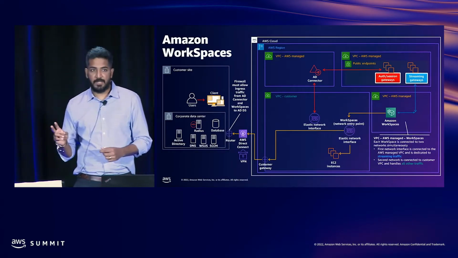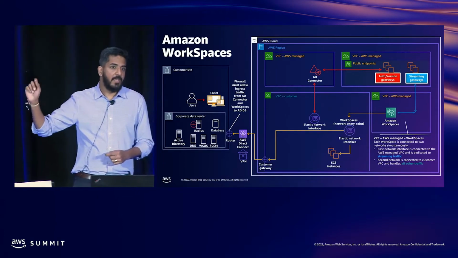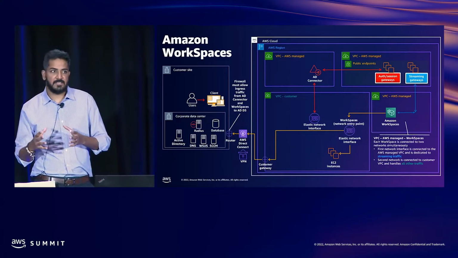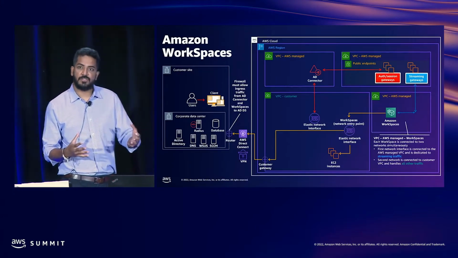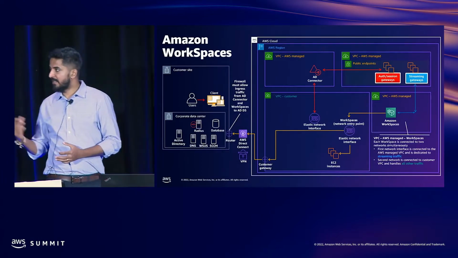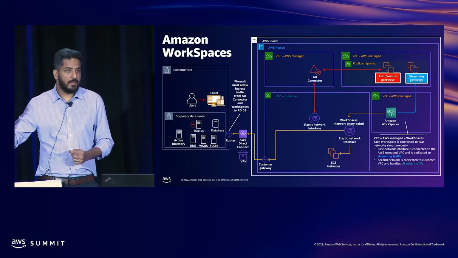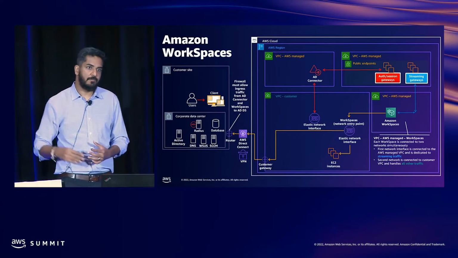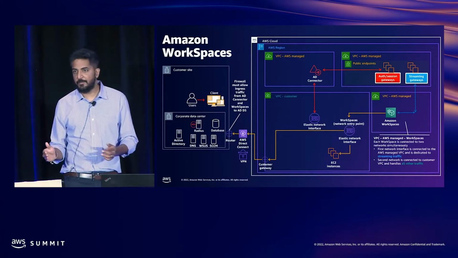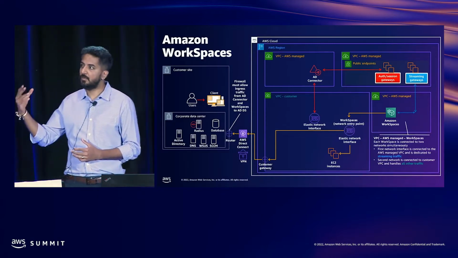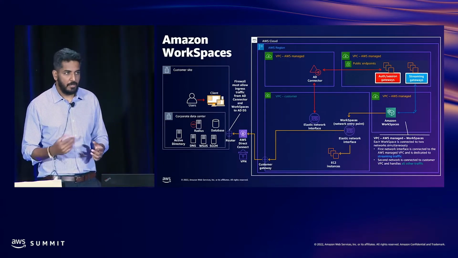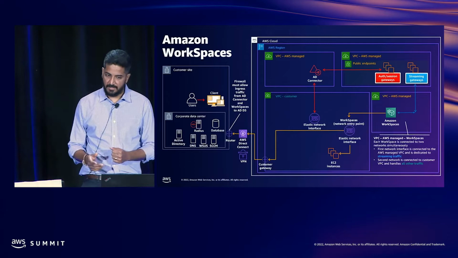So we need two subnets, and the ENIs are deployed there, and that's where you have access to all the resources that particular workspace needs to connect to. For example, all the traffic can be routed to your on-premise firewall filters if you need to, or you can route it to the internet, or block it from the internet, or give it access to a different resource in a different region by using VPC peering or other networking functionalities.